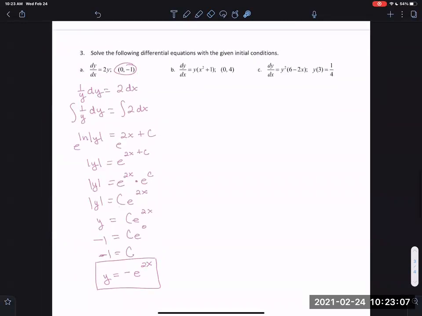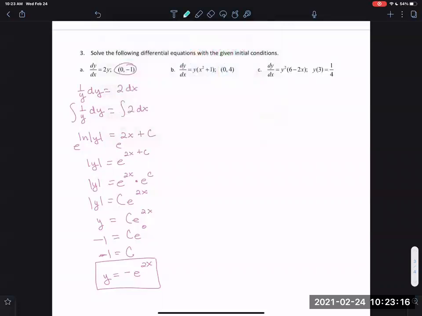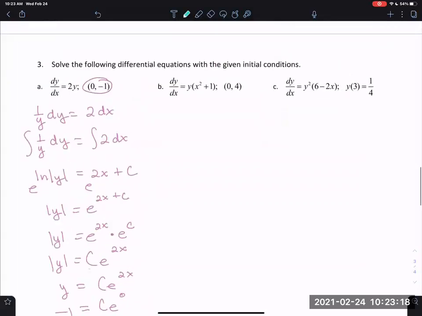Okay, all right. So maybe pause again if you're feeling good and try it. So my separation is 1 over y again. Oh, look at that, another natural log.